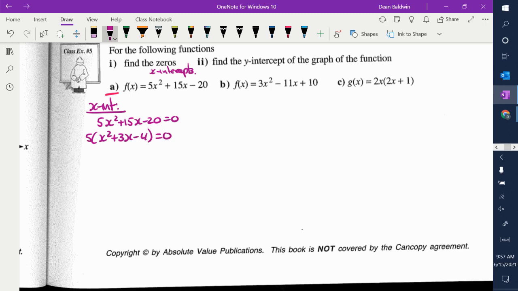All right, so now we're looking for numbers that multiply to -4 and add to 3. What are they, peoples? There you go, -1, +4. So what does x equal? What are my x-intercepts?